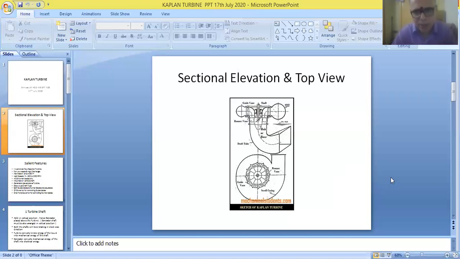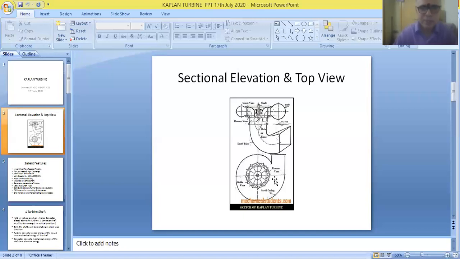So as I've already told you, friends, the top view can be used for explaining all the components of the turbine, and the front view can be used for explaining the draft tube of the machine. This is called a sectional elevation, first figure, and this is the second figure.